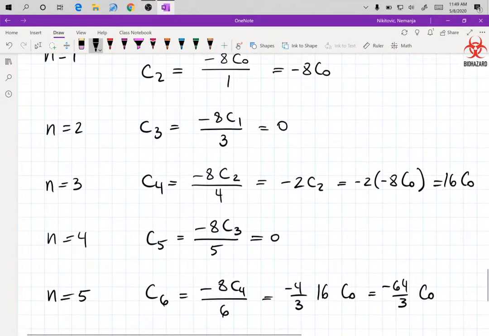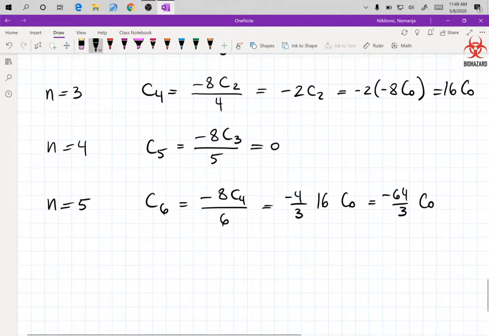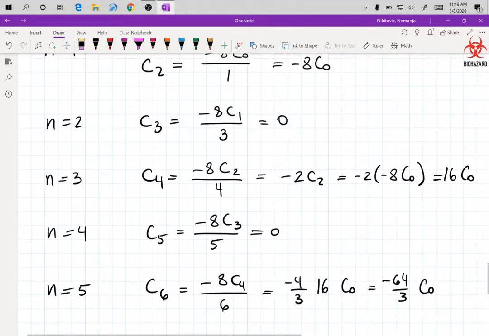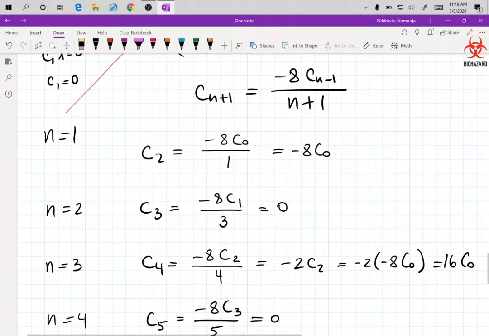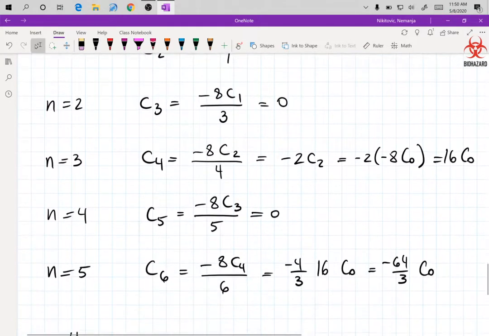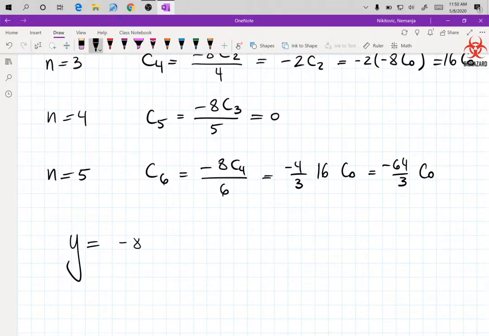So what do we have as surviving here for our y? We have y equals, and then I have my coefficients. These are your powers on x's that you have to add to your terms. So the first surviving term is negative 8 c0 x to the first.